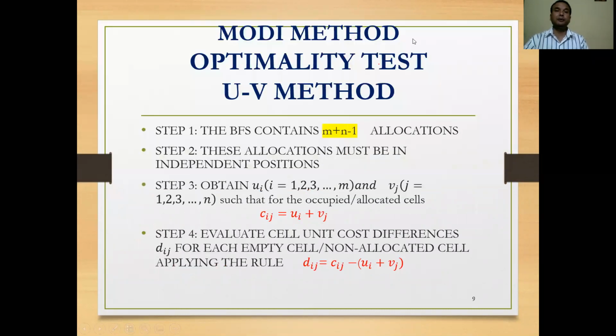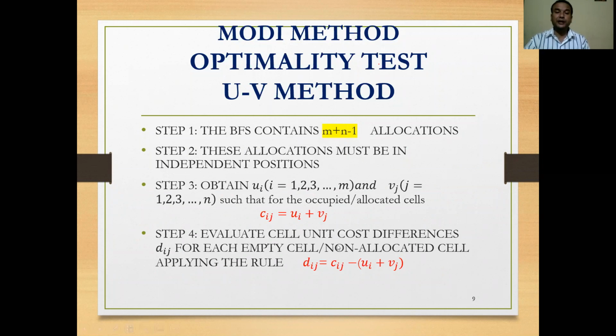This is the MODI method of optimality test, or we can say UV method. So this is how to understand the condition of optimality. First of all, we have to verify this step: m plus n minus 1 allocations are there or not. Then are these allocations in independent positions or not?